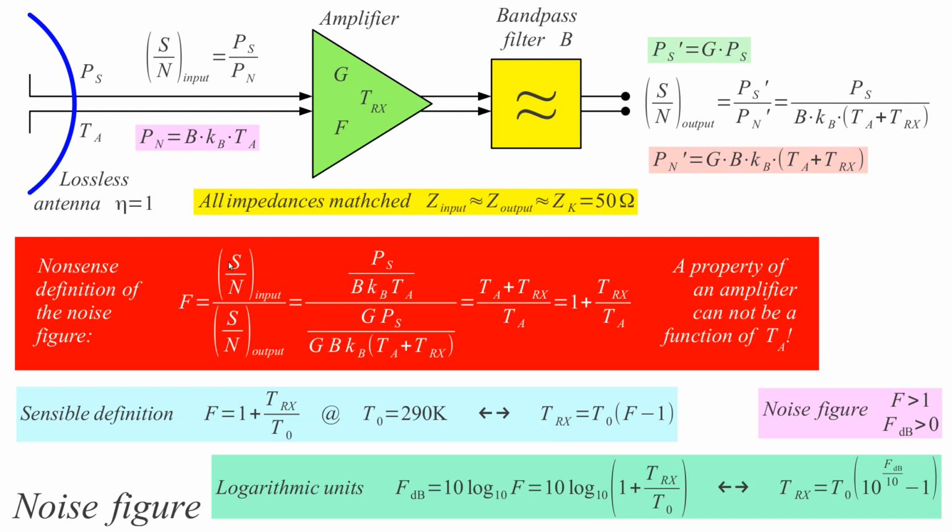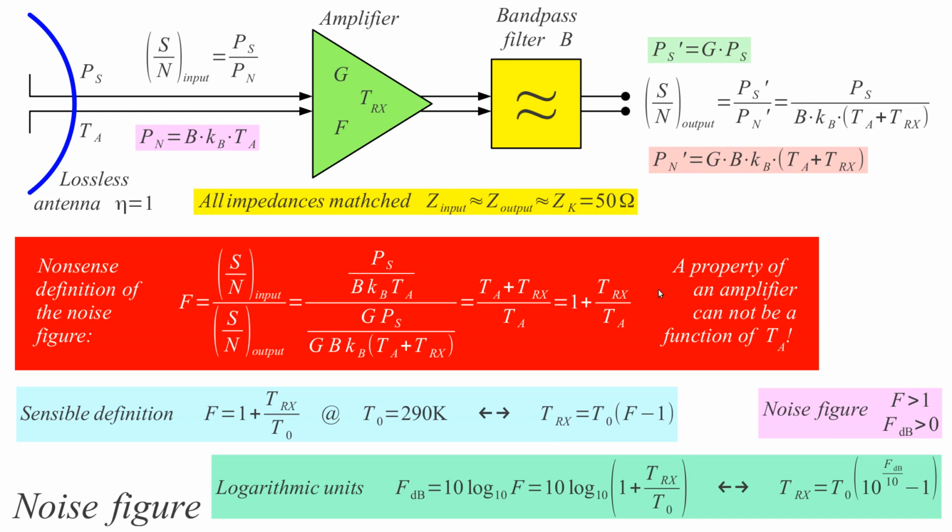So if we calculate the signal to noise ratio at the input and the output, we see that this signal to noise ratio degrades. So this noise figure is always larger than 1, if we cancel out all the similar quantities.